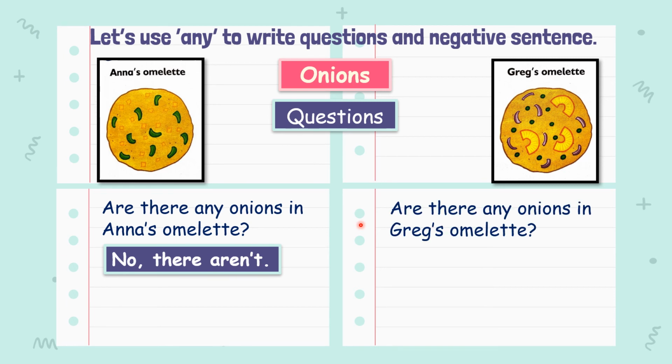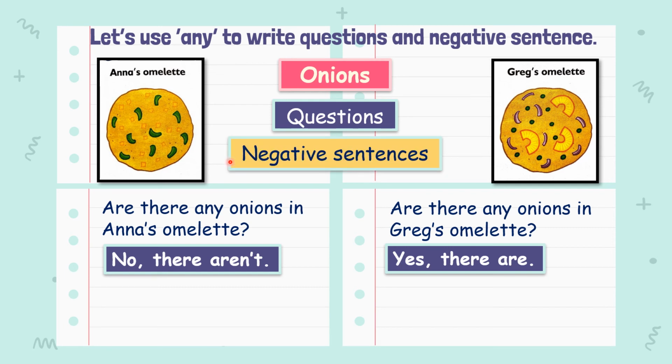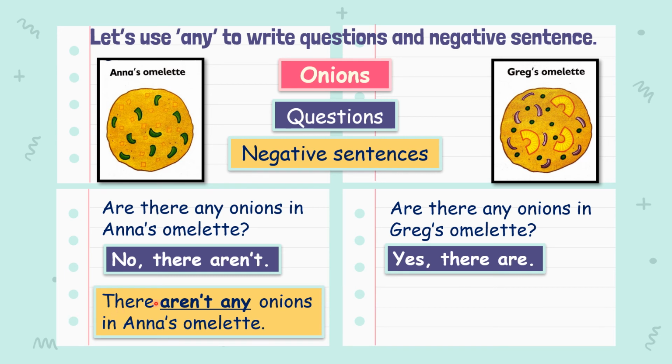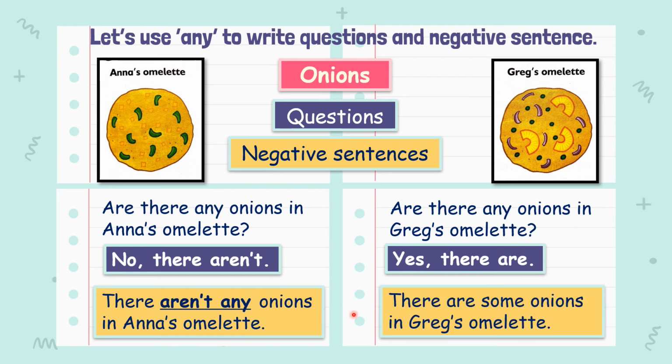Are there any onions in Greg's omelette? And you can see. So the answer is yes, they are. Now how do you write a negative sentence using any? Let's look at Anna's omelette. There aren't any onions in Anna's omelette. What about Greg's? There are some onions in Greg's omelette.